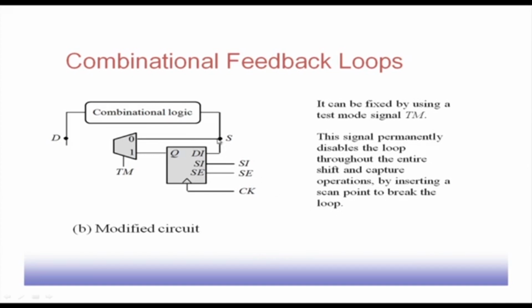So, this point is actually an observable point. When this TM line is high, then this point becomes visible. Okay. Otherwise, this D point that we have is actually coming to this data input line. So, we can see the value of this Q point through this.